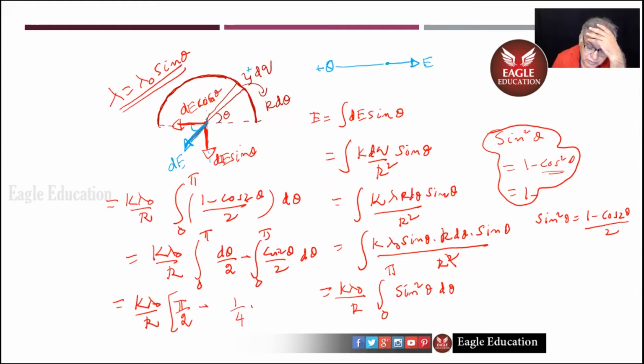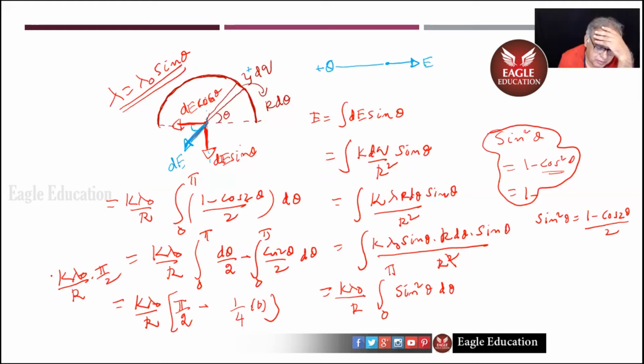Right? So if you substitute sin 2 theta from 0 to pi, sin 2 pi and sin 0, both 0. Total is 0. So what do I get now? K lambda pi by 2r.